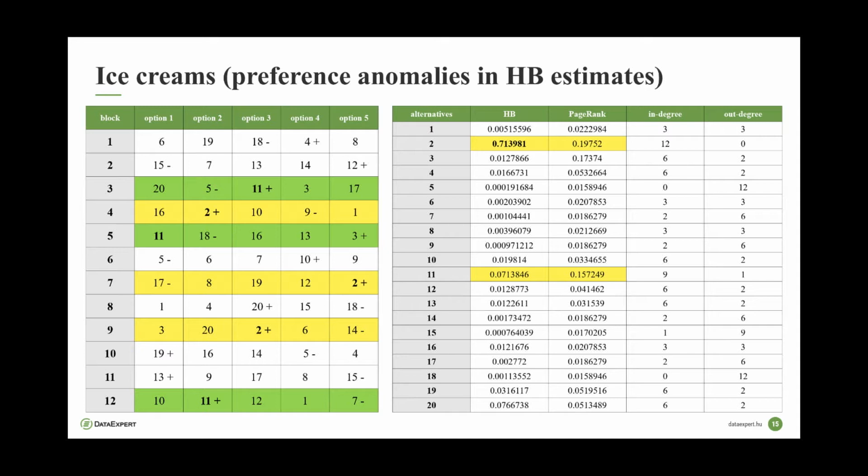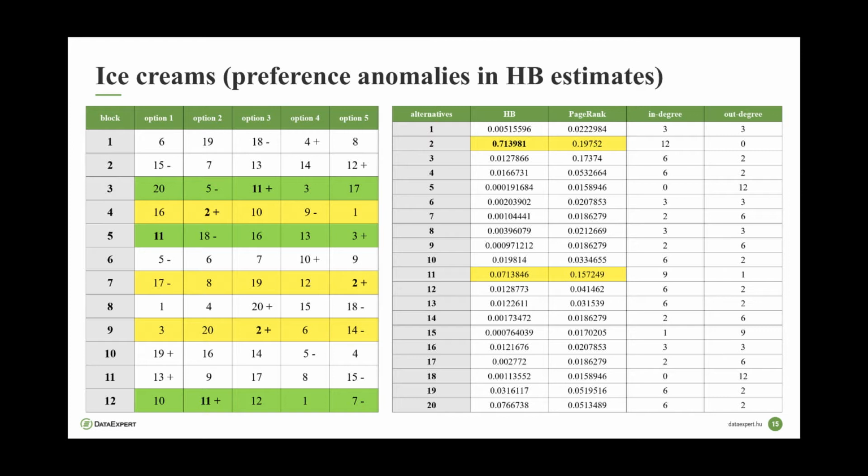But just check the green rows, the node 11 was selected 2 times as best. But the hierarchical Bayes estimation provided 0.7, or a bit larger probability to node 2, and 0.07, so 10 times less for 11. So it's a contradiction, I think.